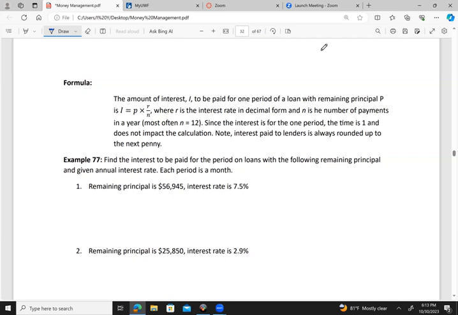Looking at our formula, I equals P times R over N. So we have P, which is 56,945, times our interest rate, which is 0.075 in decimal form, over 12. After doing the calculation, we find our interest is $355.91. That is 56,945 times 0.075 divided by 12.